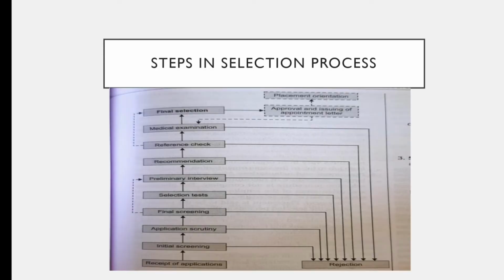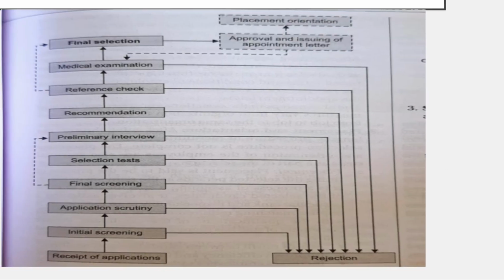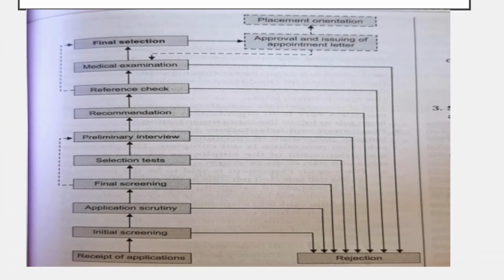So we can see the steps in the selection process, schematically here. The first step is the receipt of application. The process of selection starts with receiving, screening and scrutinizing the application. The application is a preliminary sorting device to provide information, so automatically we are checking that.